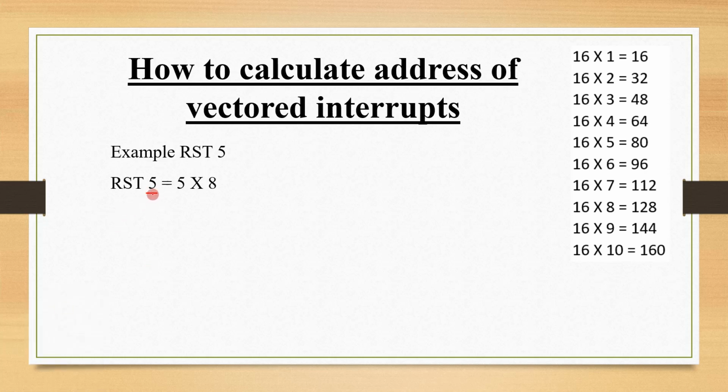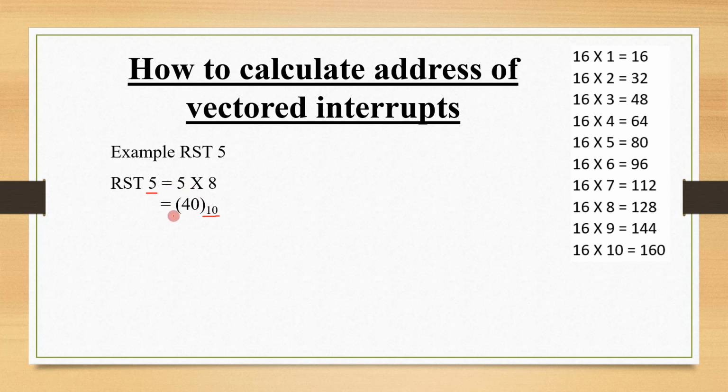We will multiply this 5 with 8. So what we are going to get is 40. 5 8s are 40. Here base 10 represents that this is a decimal number system, as we have done number systems in chapter 1 of the CS 111 standard syllabus. So this is a decimal number.